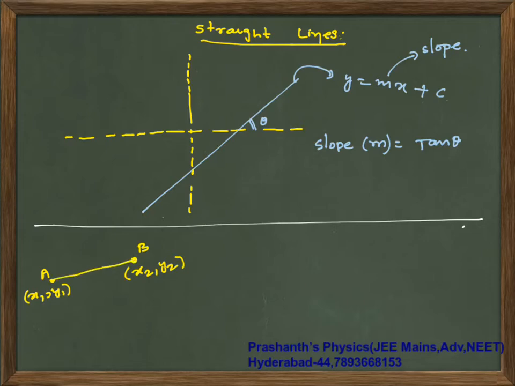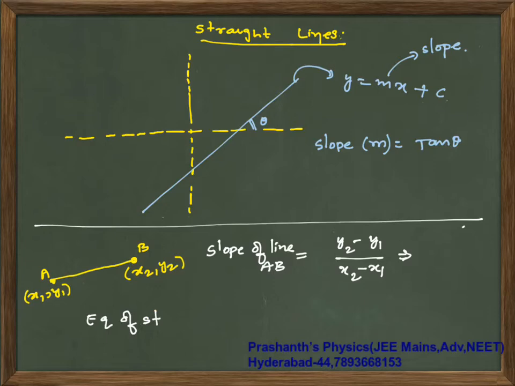Now your slope of line AB is given by y2 minus y1 by x2 minus x1.